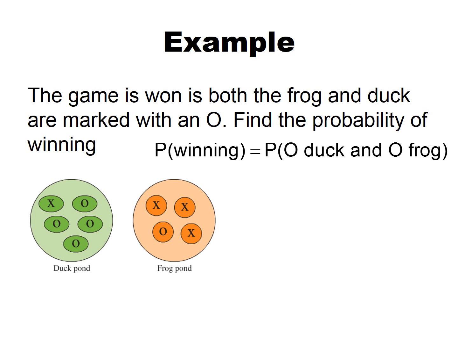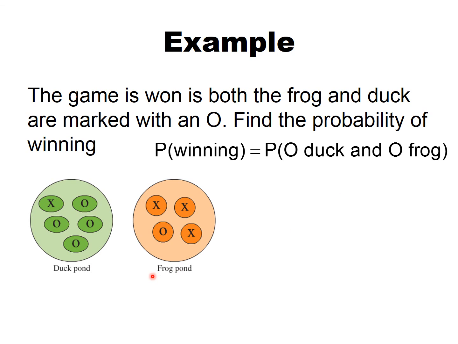So we want to know the probability of winning. One general approach for solving probability problems is to start off by writing down what it is we're trying to find. We want to know the probability of winning. And then we want to restate that in terms that we know how to work with, namely the word "and". Winning means I get a duck with an O and a frog with an O. Now I see the word "and", that makes me think multiplication rule.